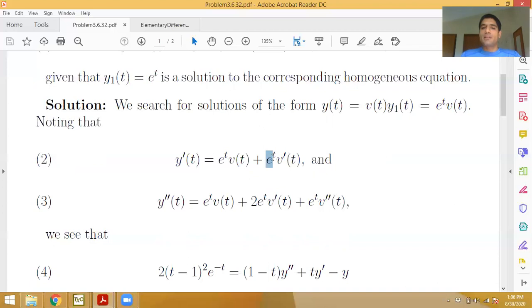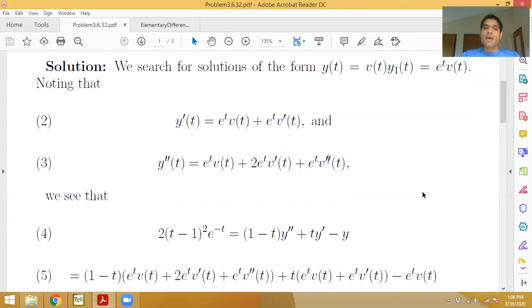Then when I add the derivative of the second term, I have to use my product rule, so the derivative of e^t is just e^t. That's what gives us the second term. And then I add to that the first term times the derivative of the second term, which is where e^t times v'' comes from.